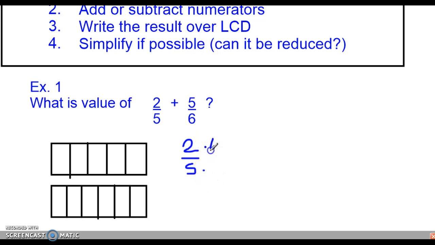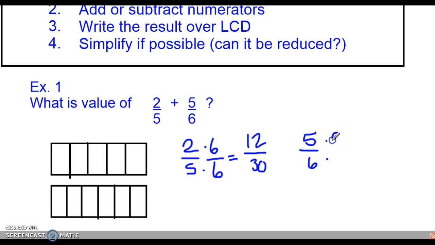So in order to get 30 for my first fraction, I need to multiply by 6 over 6. 2 times 6 would give me 12, and 5 times 6 would give me 30. So 12 over 30 is equivalent to 2/5. Now I need to write an equivalent fraction for 5/6 that has a denominator of 30.